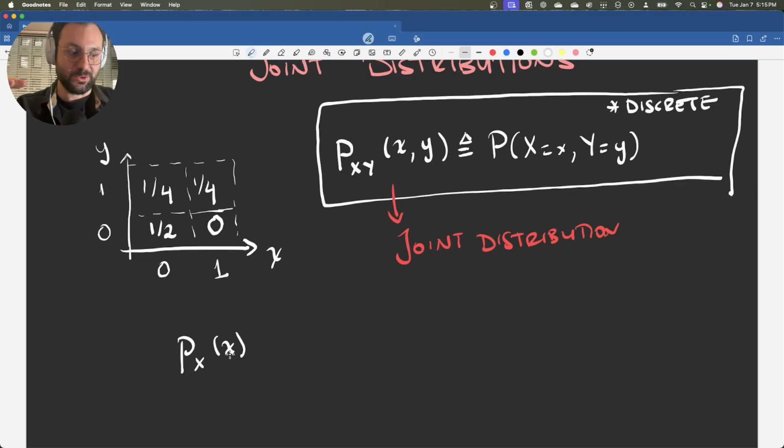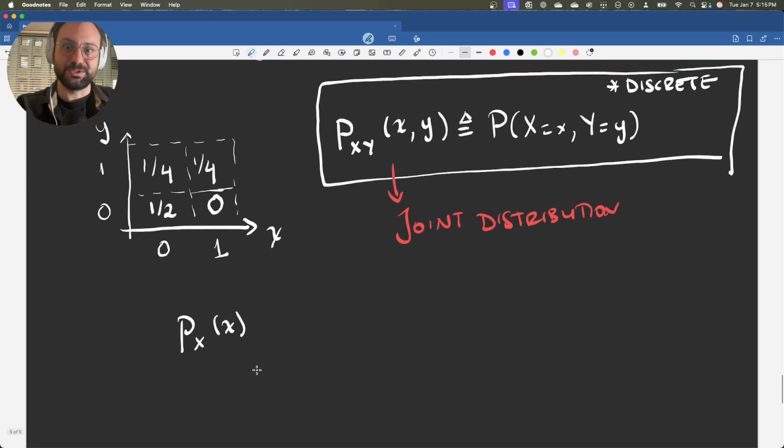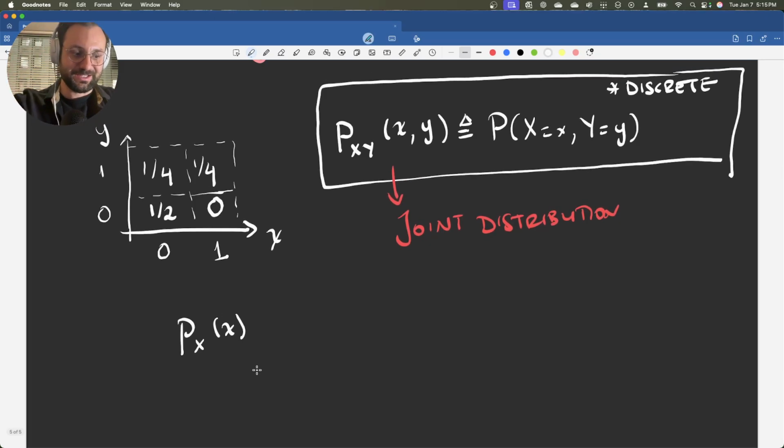From here, if we would like to have a distribution of p of x, all we need to do is look at the x-axis. For this, I just remove the gravity, and let these guys fall on the ground, and now p of x will directly look like this for x being 0 and 1.